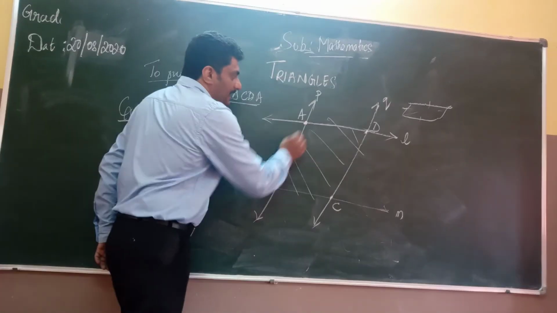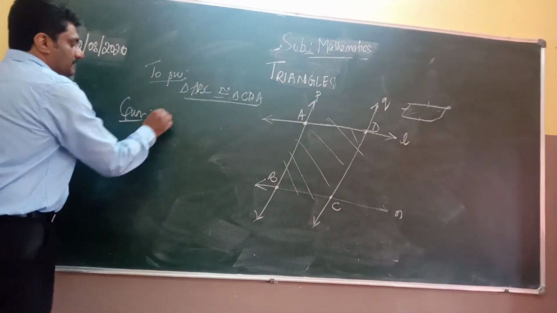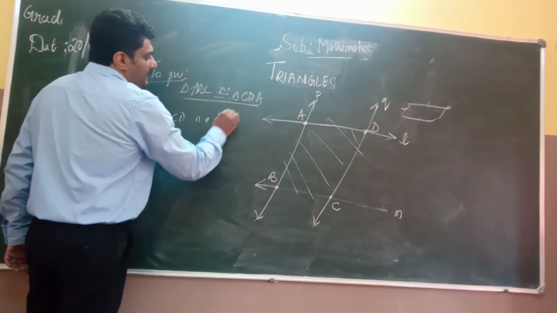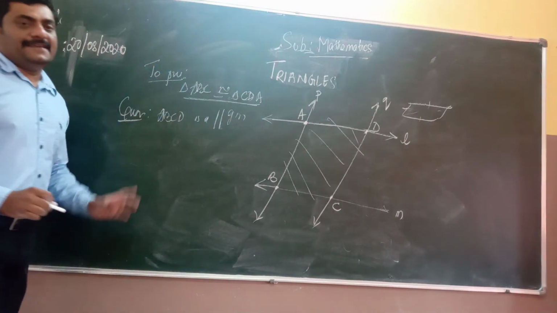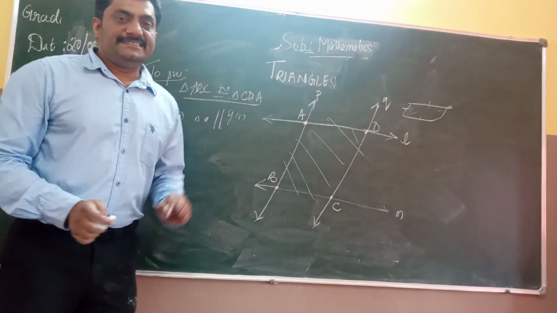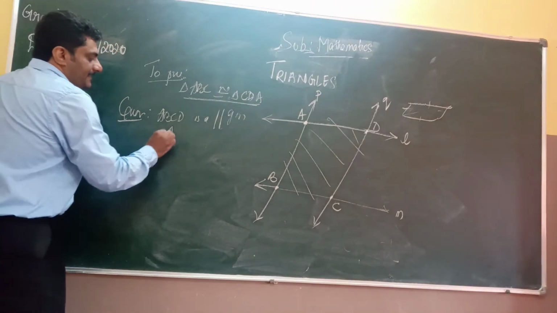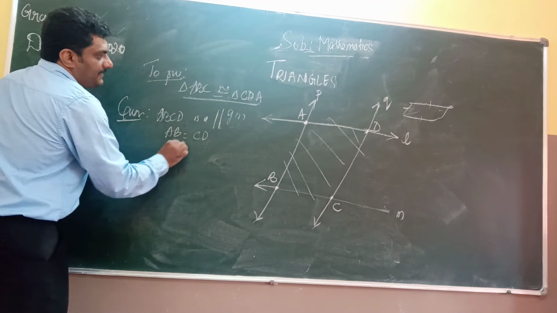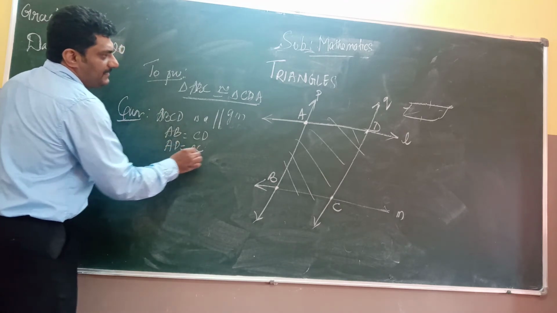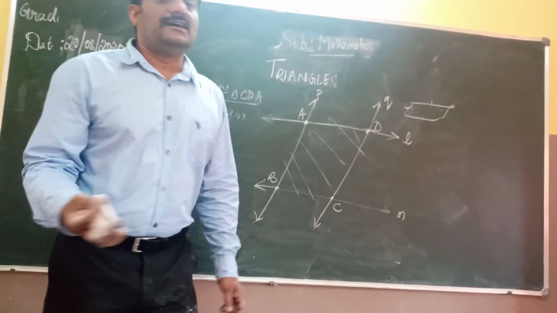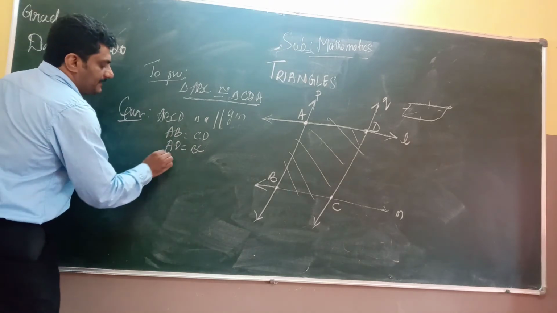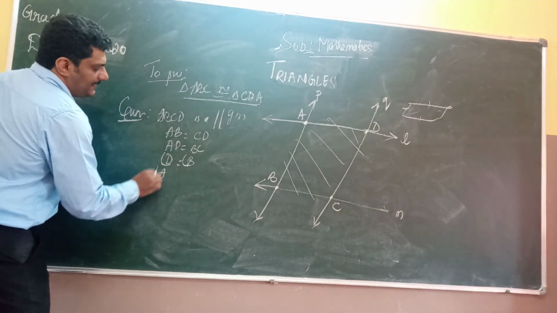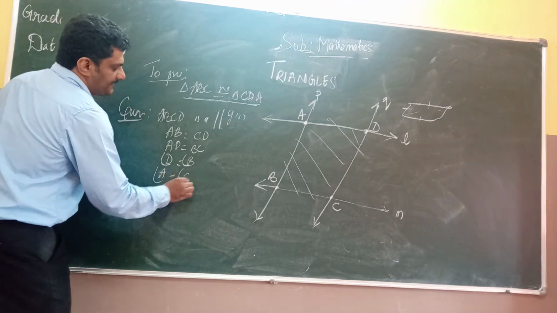So I can tell ABCD is a parallelogram. If ABCD is a parallelogram, then AB is equal to CD, AD is equal to BC, and opposite angles are equal. Angle D is equal to angle B, and angle A is equal to angle C.